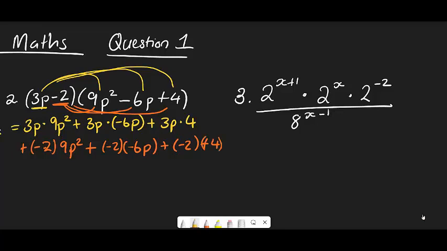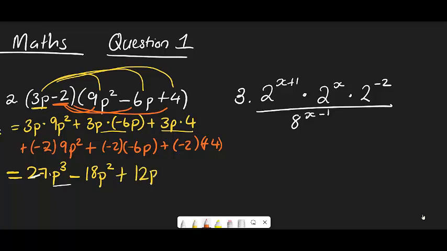So now I multiply that out. That gives me 3 times 9 is 27p to the power of 3, minus 18p squared, that's this one, and I'm doing this one, plus 12p.